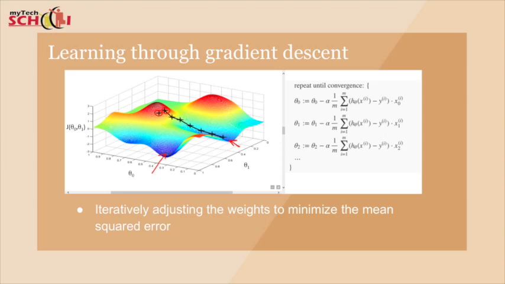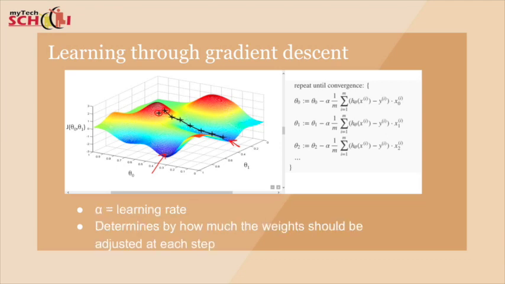It's not always the case that you find the global or absolute best solution, because there are several troughs as you could see in here, and it's possible that it could settle in a local minimum instead of a global minimum.